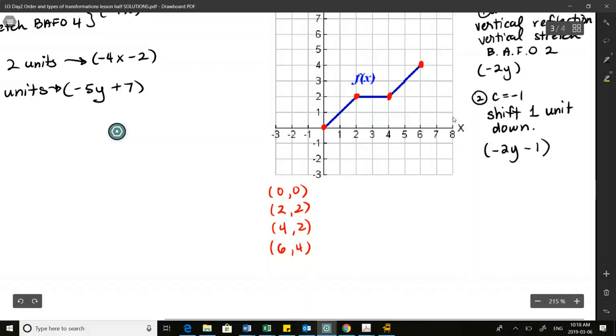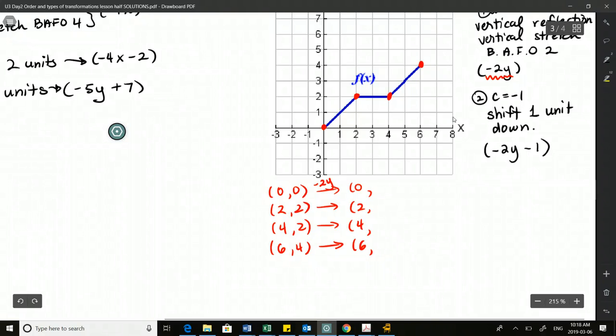Okay, so the first thing that is happening here is our vertical reflection and stretch by 2. What I do is I take my y coordinates and I multiply them by -2. So the x's stay the same, but all the y's get multiplied by -2. Just as a reminder, the x's are the first coordinates here and the y's are the second coordinate.